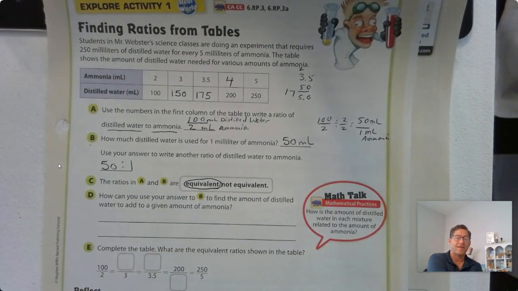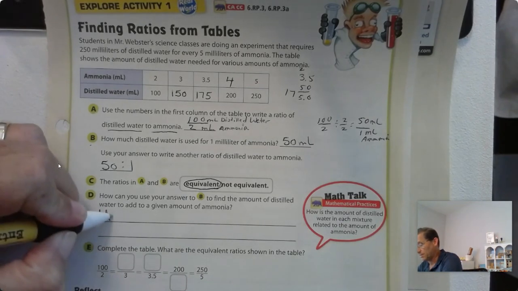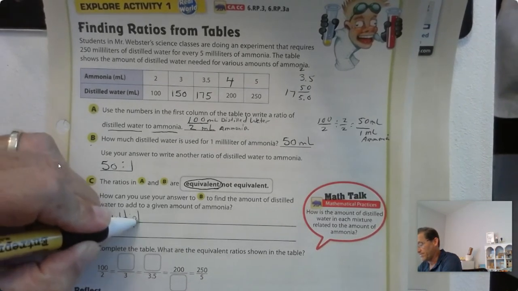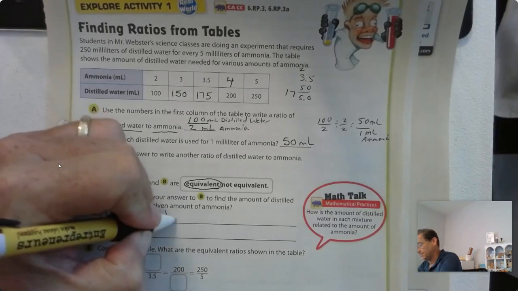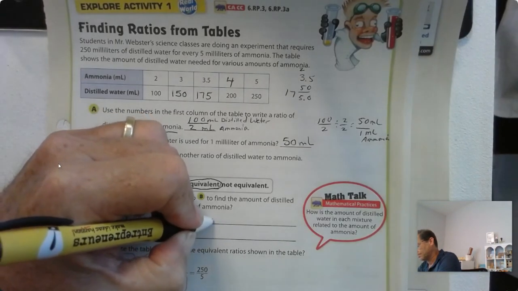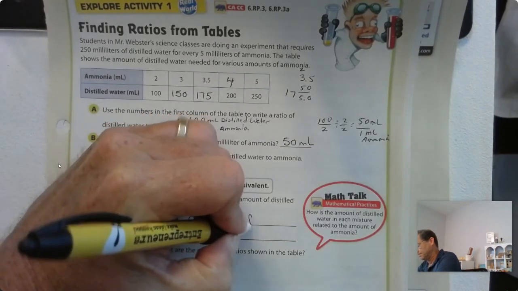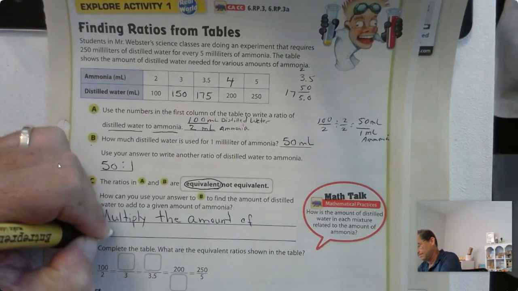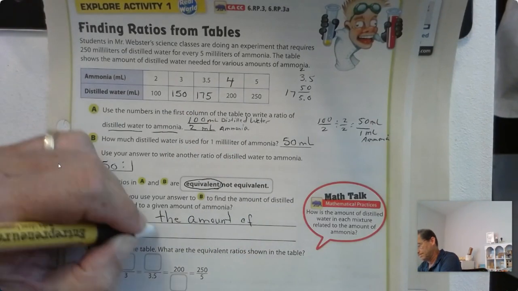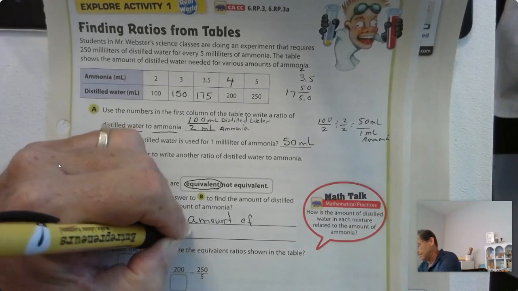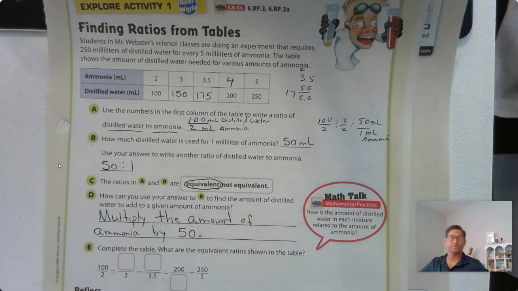D. How can you use your answer to B to find the amount of distilled water to add to a given amount of ammonia? We've already talked about this. Simply multiply the amount of ammonia by 50. How about E?